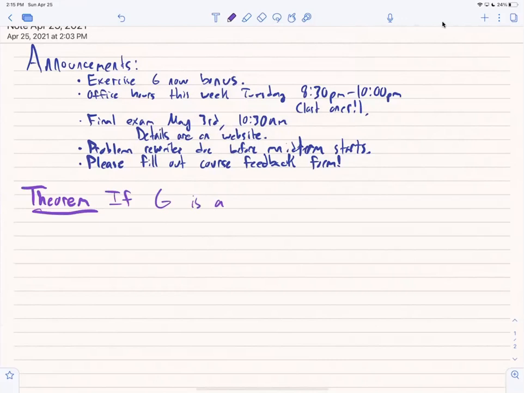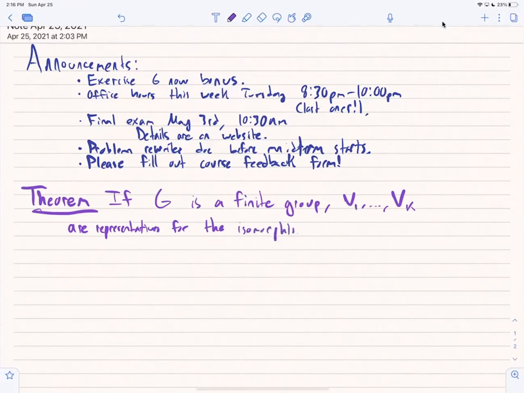If G is a finite group, and V1 through VK — I think I might have switched to M and K from last time, but let me use K here — these are representatives for the isomorphism classes of irreps of G over the complex numbers. Irreps, again, is just short for irreducible representations.